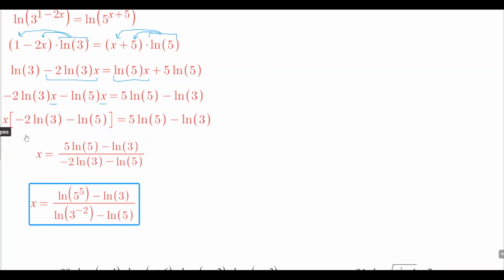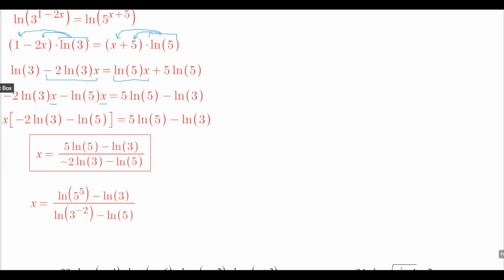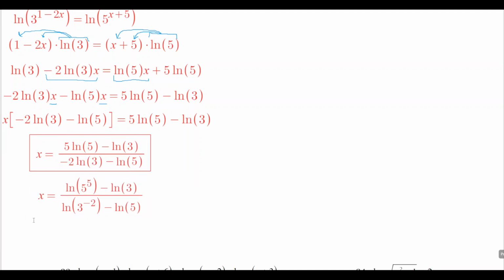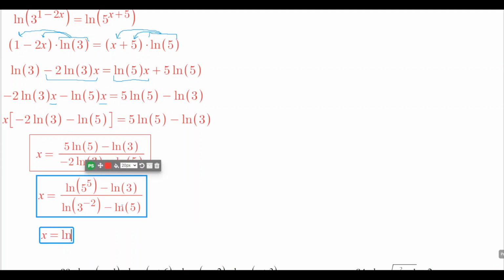Now if you get this far, I'm pretty happy with this solution, by the way. These next two steps really are not totally necessary. I'm just curious how much, if at all, we can actually simplify this. So here we get x equals, and using the quotient property, we can rewrite this as the natural log of 5 to the 5th over 3.